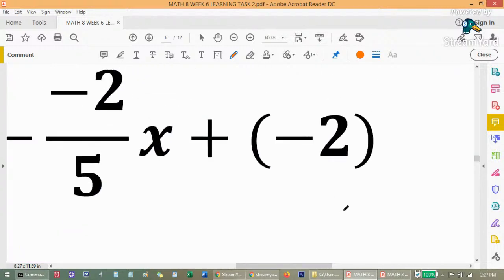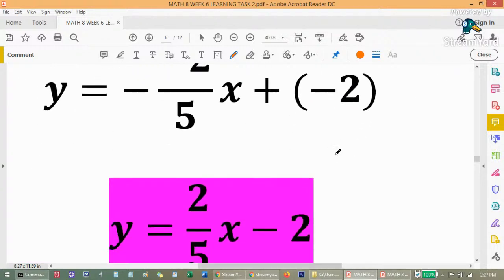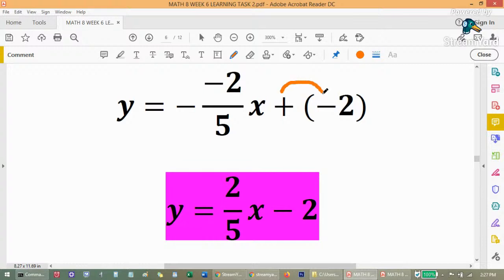Or pwede mo ring tignan niya na positive times negative, since magkaiba sila ng sign, therefore, ang sagot is negative. Kasi magkaiba sila ng sign, ano? Hindi kagaya kung negative, pag negative, papalitan niya yung sign sa loob. Yung negative 2 magiging positive 2. But since this is positive, yung negative 2 is negative 2 pa din.